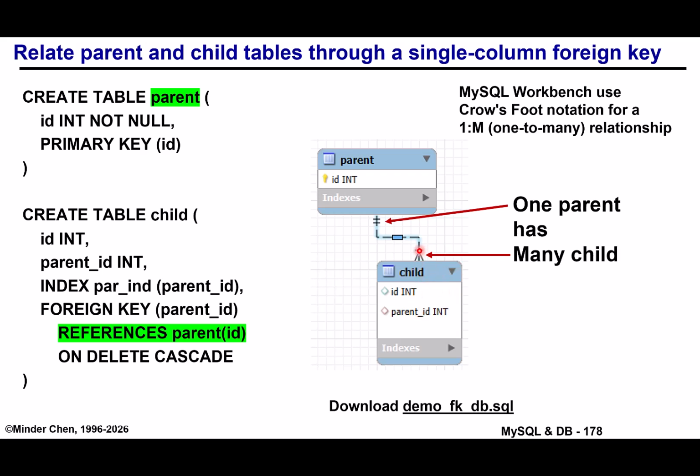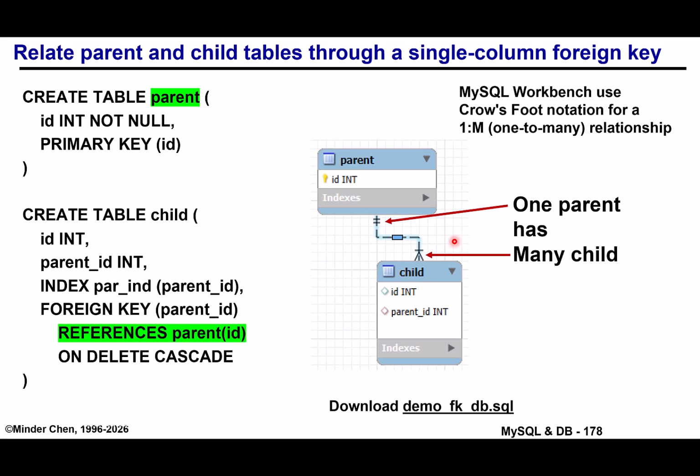And there are really two symbols, the crow's foot and then a kind of horizontal bar. It could be a vertical bar, depending on how you draw the diagram. The one at the outside actually means one and only one. This means one and many. And this is what we refer to as the cardinality, or multiplicity, of a relationship.